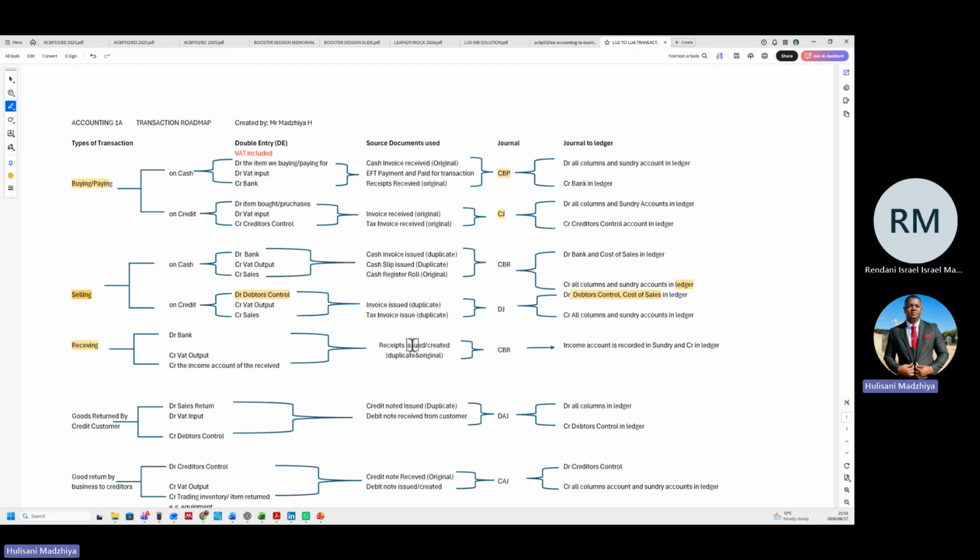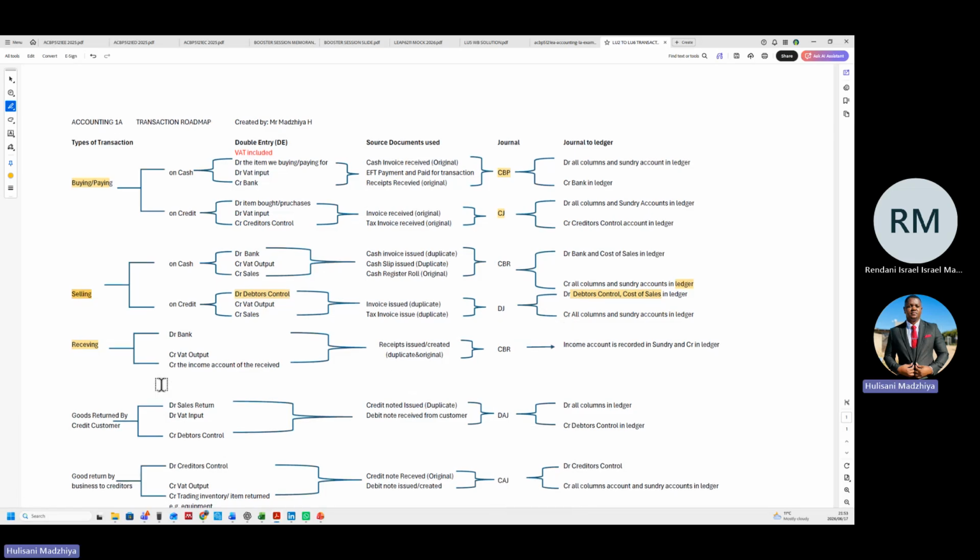So this is the source document used to record transactions where we are receiving money. We are not selling, but we are just receiving money from a service that we rendered, or you rented out a business, or you're just receiving money from interest. So this will all be recorded in your cash book receipts.